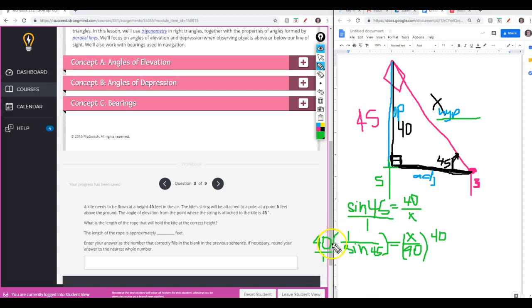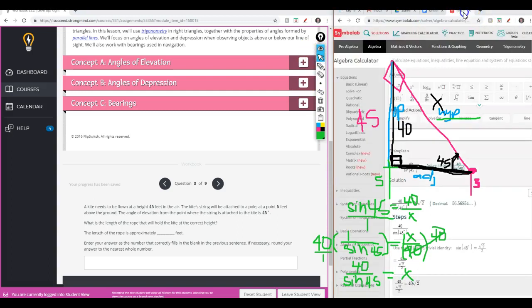So top times top, 40 times 1 is 40. Bottom times bottom, 1 times sine of 45 is sine of 45. Then 40 divided by 40 reduces down to 1. So we have 1x, and it is more typically just written as x.